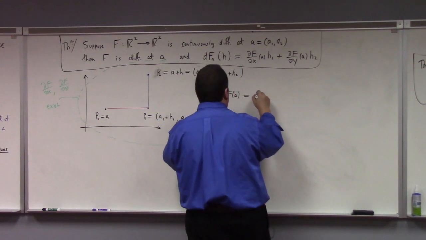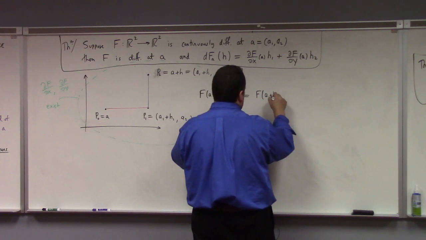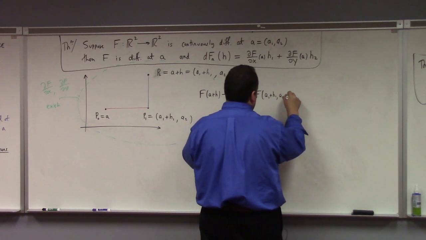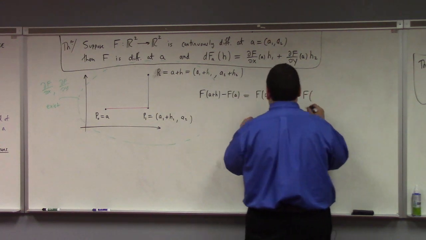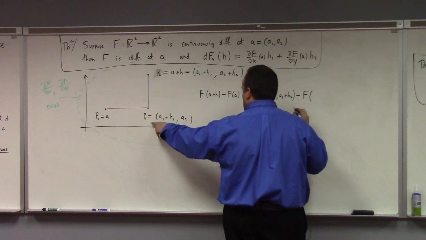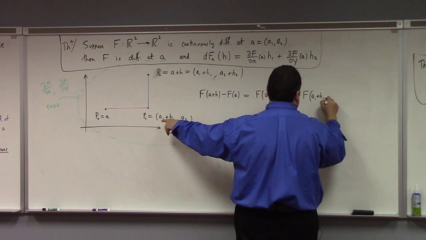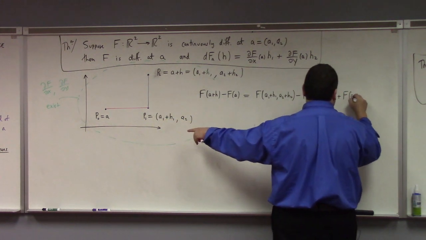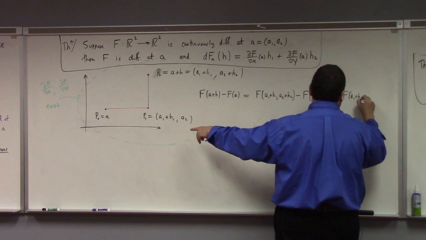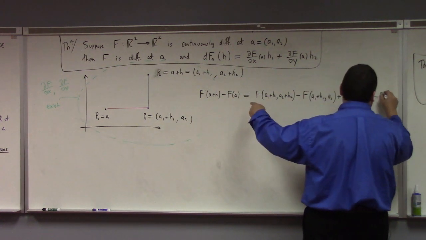We can rewrite that as f of (a1 plus h1, a2 plus h2) minus f of p1, which is (a1 plus h1, a2), and then I'm going to add that back again, and then subtract f of a.